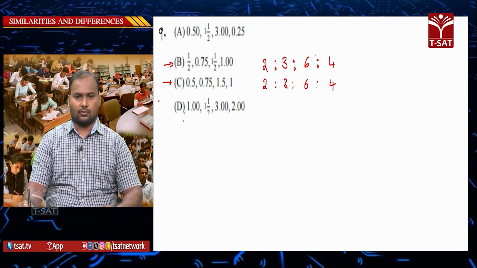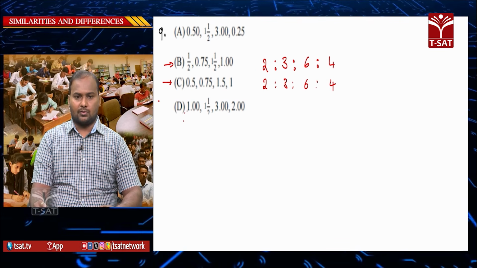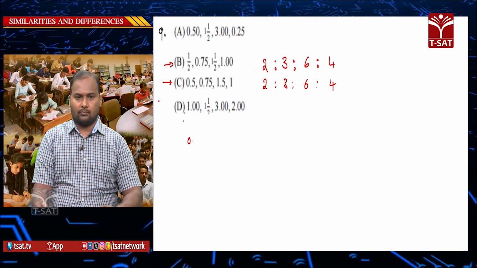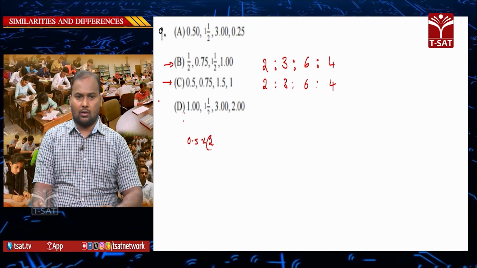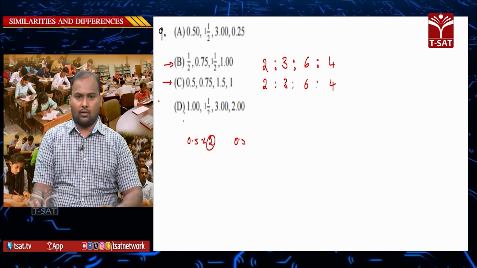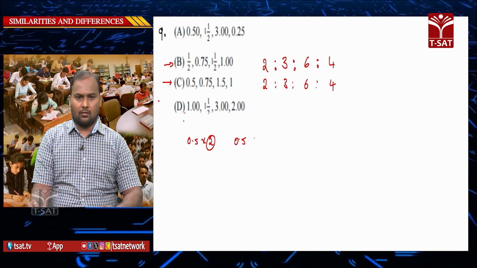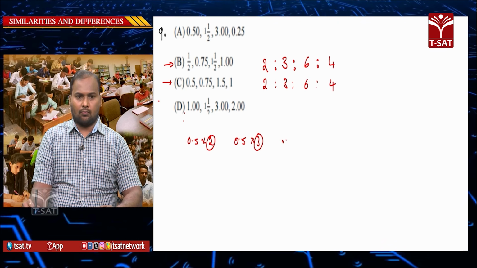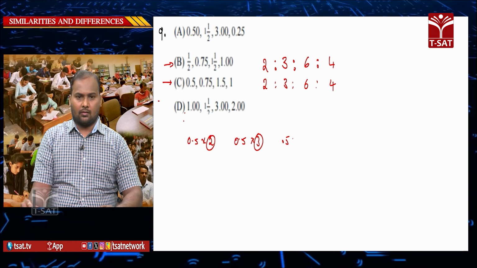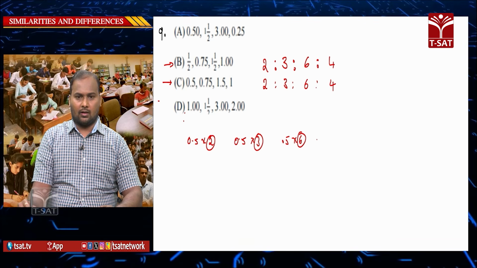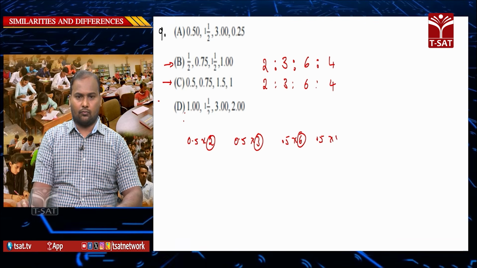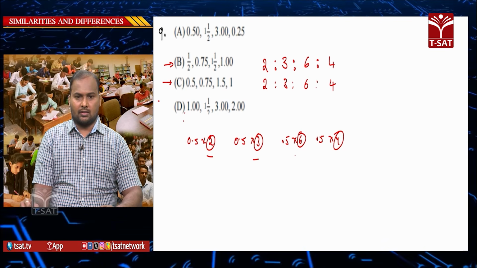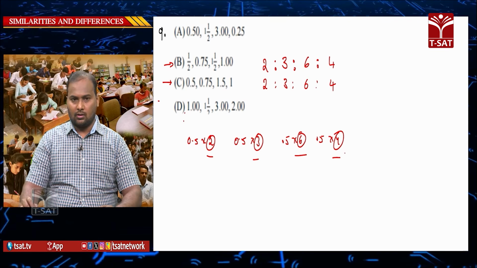Now try to apply it to option D. In option D, 0.5 into 2, similarly 0.5 into 3, 0.5 into 6, and 0.5 into 4. So everything is following the ratio of 2, 3, 6, 4. That is the ratio that we can observe.